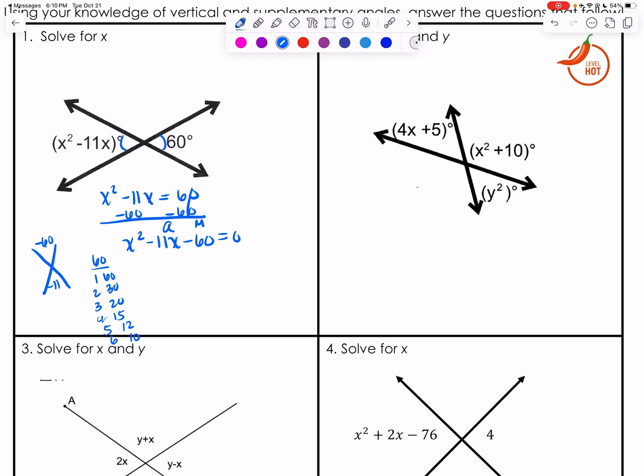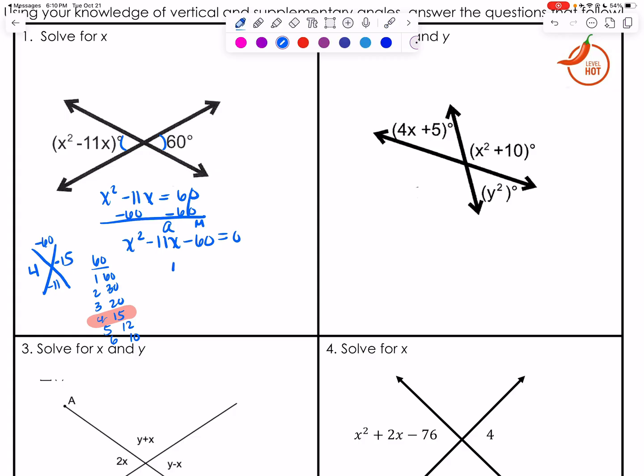So if I look at my combinations, the only ones that stand out to me to make an 11 are 4 and 15. Here's the issue though, 4 times 15 is positive 60. I want a negative 60. So if I make my 15 negative, I will get that negative 11. So 4 times negative 15 is negative 60, and then 4 minus 15 is negative 11.